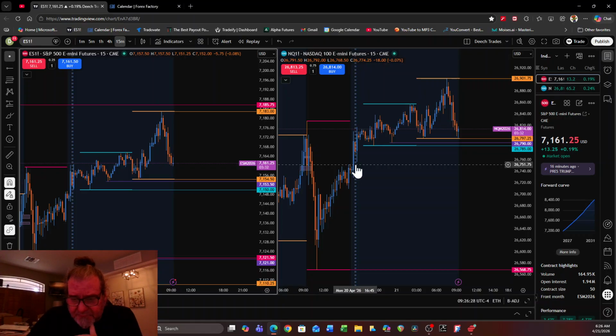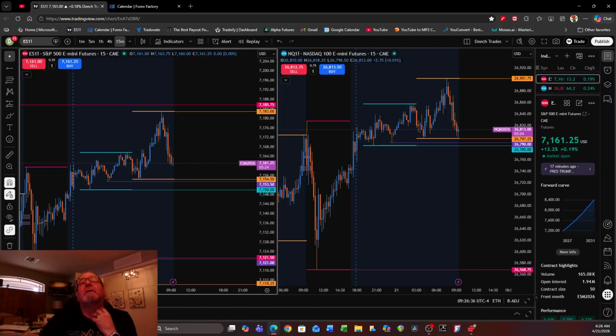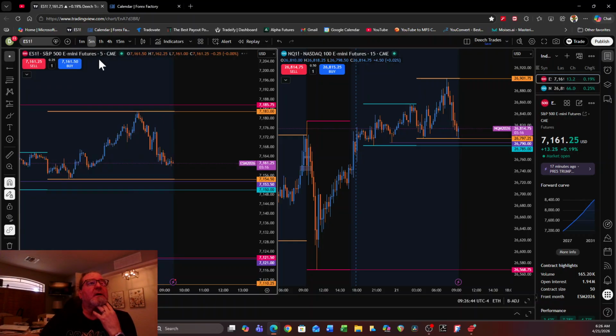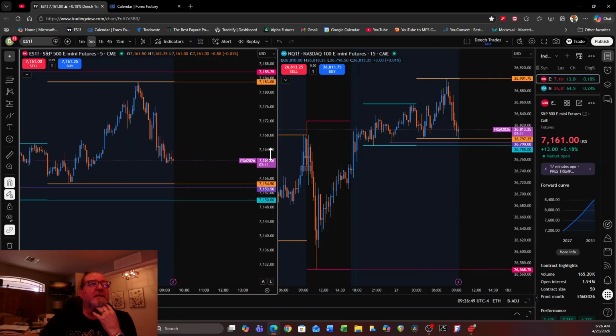As I'm looking at the 5-minute, I only see a small value gap. There is a value gap on the 5-minute, which I'm going to mark out because that particular one, I think, could be pretty consequential if we do start seeing an upturn.